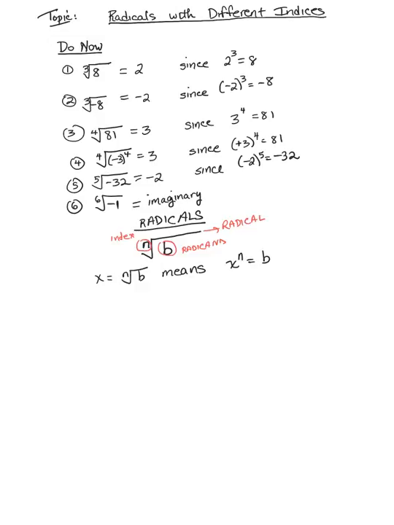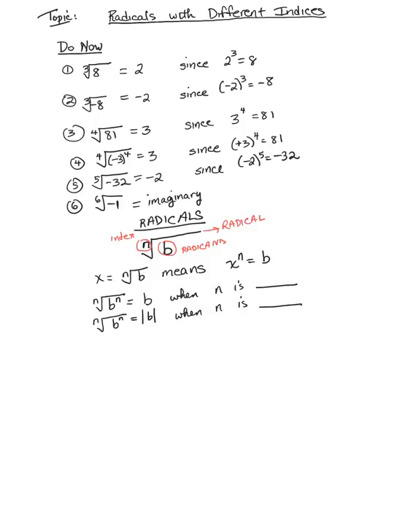Okay, now a few interesting properties. The nth root of b to the n is equal to b when something is true of the index, and the nth root of b to the n is equal to the absolute value of b when something is true about the index.